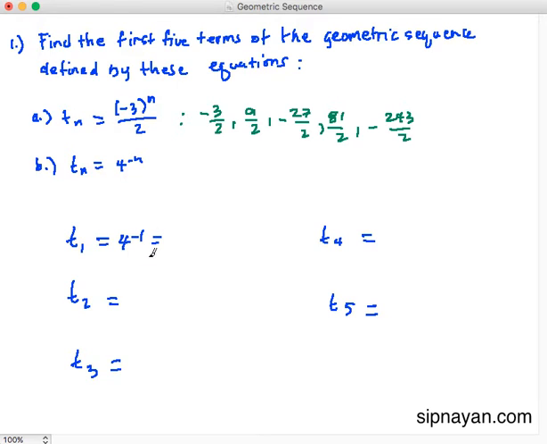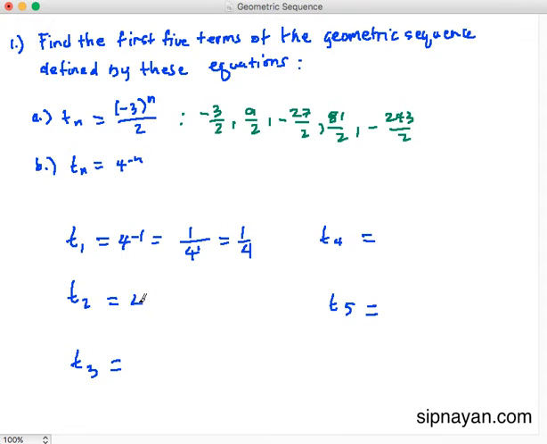Ano nangyayari pag nire-raise natin sa negative exponent yung isang number, di ba? Nagiging fraction siya. Kinukuha natin yung reciprocal, di ba? So this becomes 1 over 4 raised to the first power, which is equal to 1/4, no?